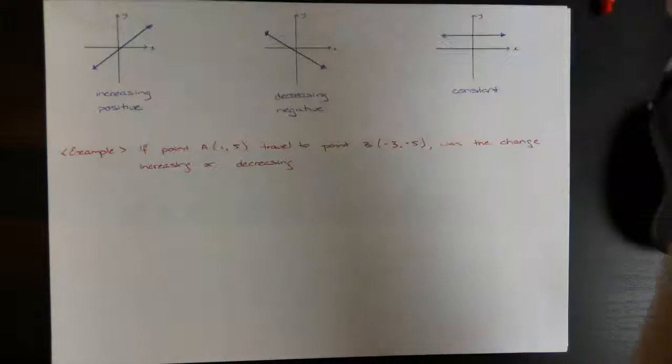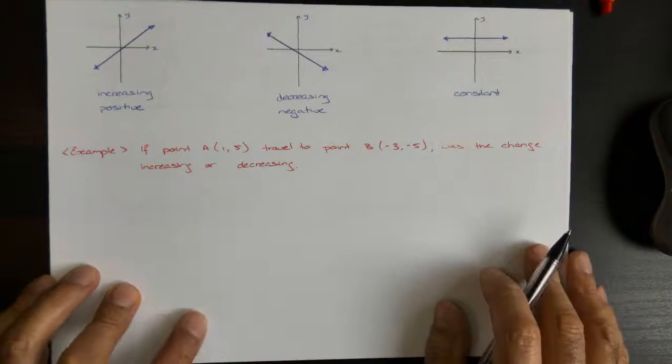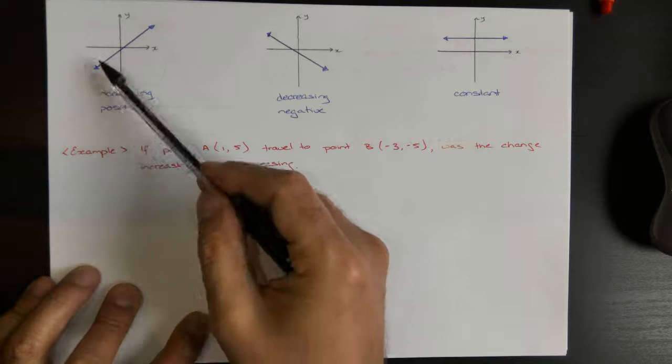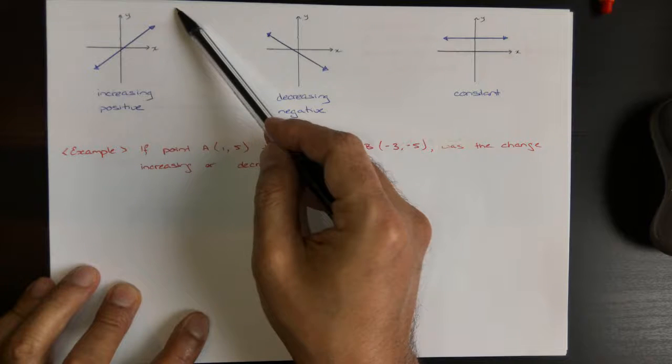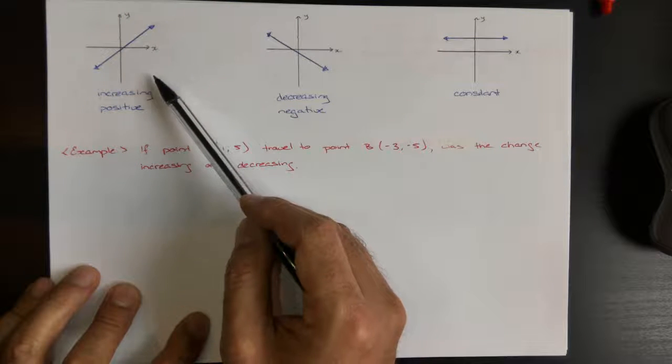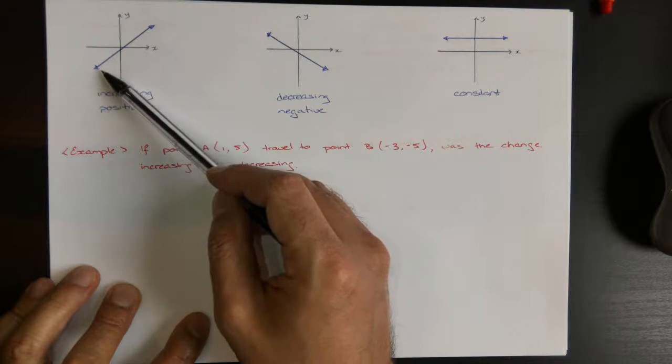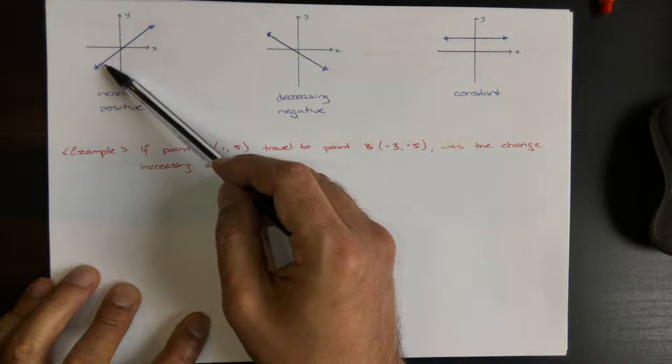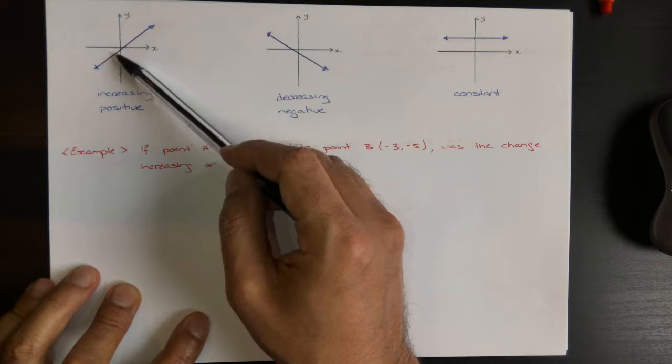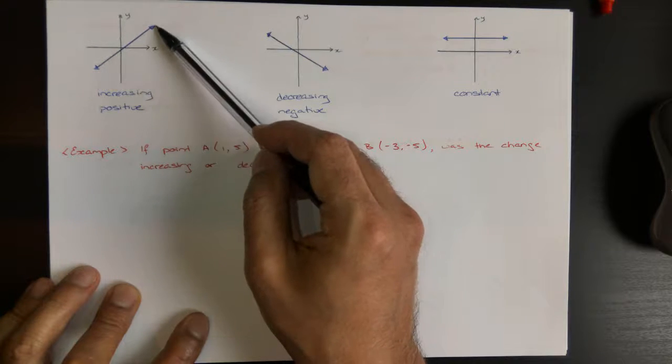constant. Okay. So with a linear function, if we have a line that's pointing up to the right, the first quadrant, we call it an increasing rate of change, and that rate of change is a constant increasing rate. Yeah, the rate doesn't change anywhere along the line.